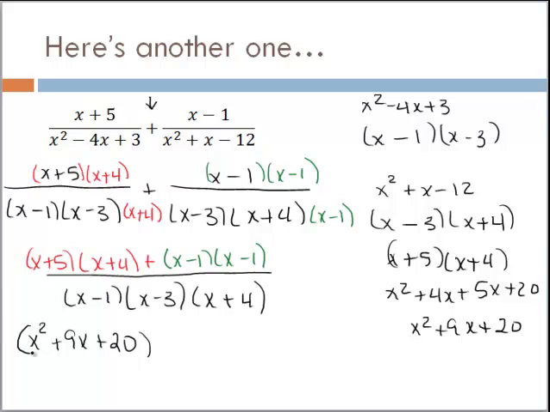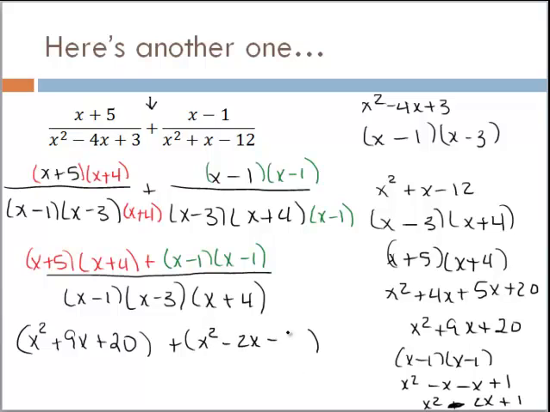And we're adding this to this. x minus 1 times x minus 1. So that will be x squared minus x minus x plus 1, or x squared minus 2x plus 1. And it's all over that denominator.